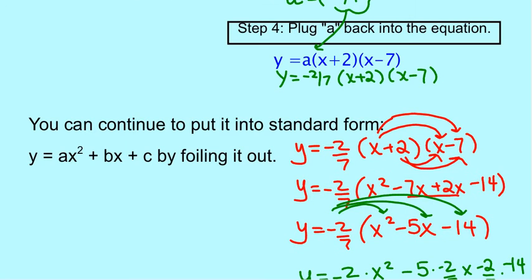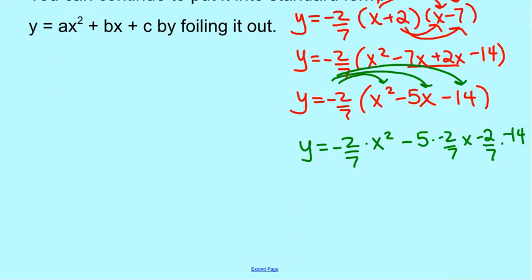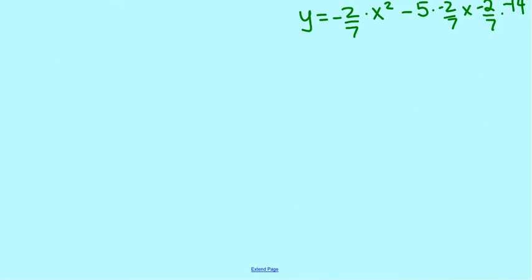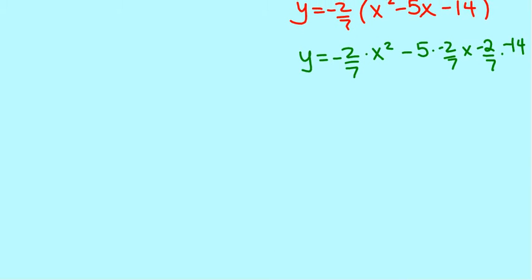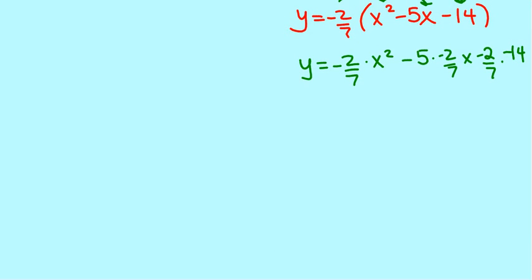All right, let's simplify those terms. I'm going to scroll this down a little bit. All right, so the first term is negative 2/7 x squared. We're going to throw a 1 in the denominator of that 5. Multiply across, negative 5 times negative 2 is positive 10. 1 times 7 is 7.